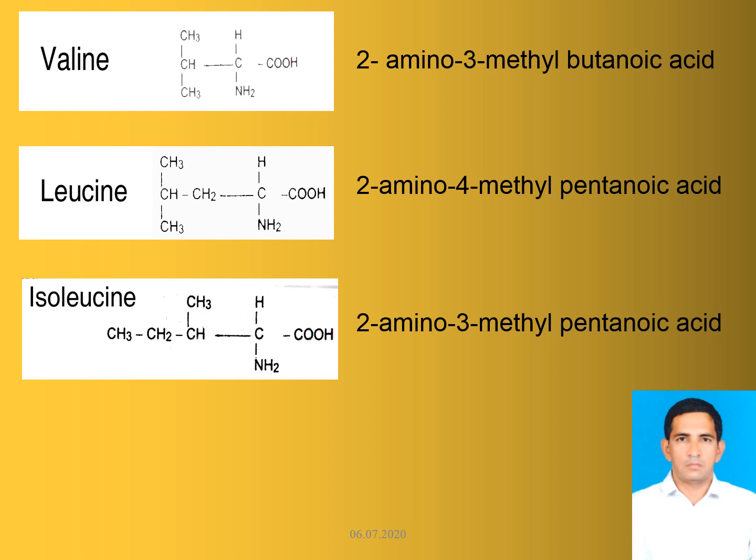This is valine, leucine, isoleucine: amino 3 methyl butanoic acid, amino 4 methyl pentanoic acid, amino 3 methyl pentanoic acid.